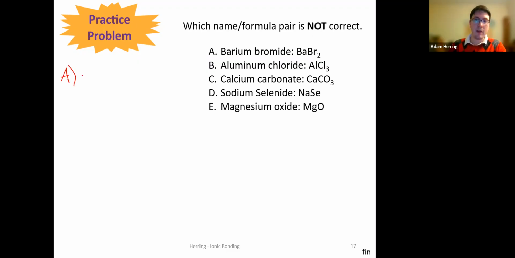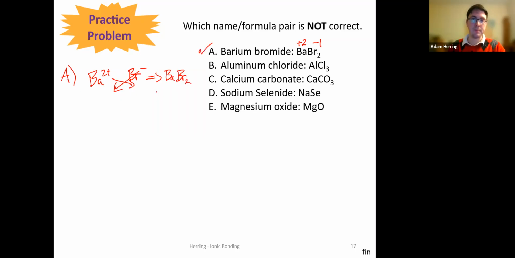For the first one, we have barium bromide. When you look at the periodic table, you see that barium is in group 2, so it has a positive 2 charge. Bromine is in group 7A, so it has a -1 charge. We have barium with a positive 2 charge, bromine with a -1 charge. So when we cross these, we would get 1 barium with 2 bromide.